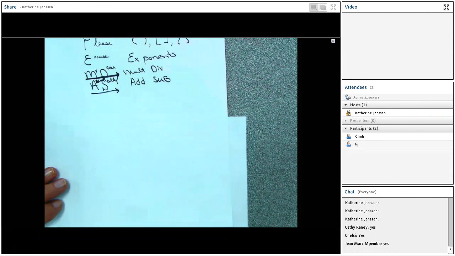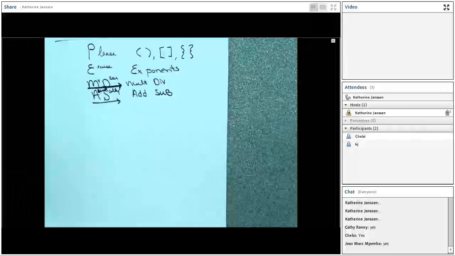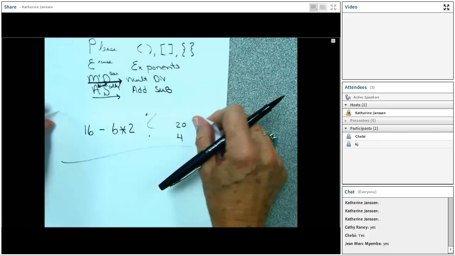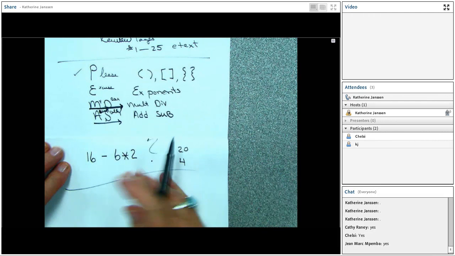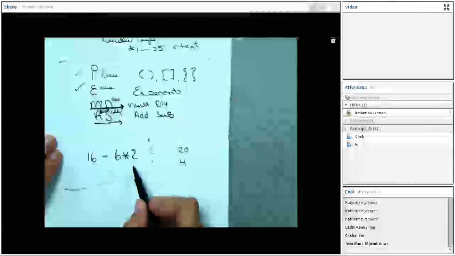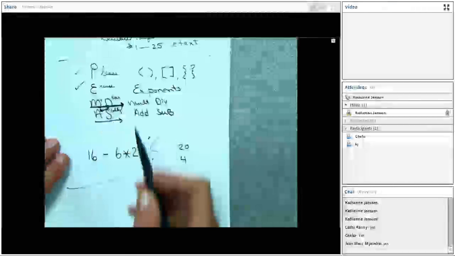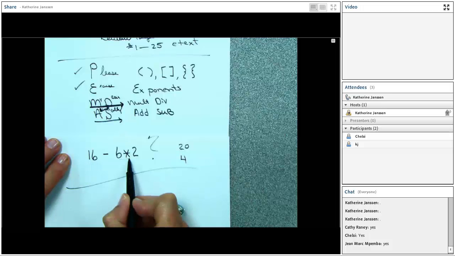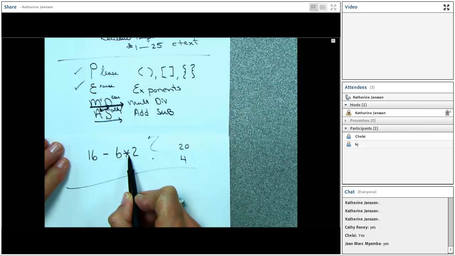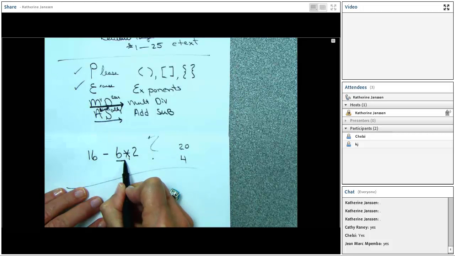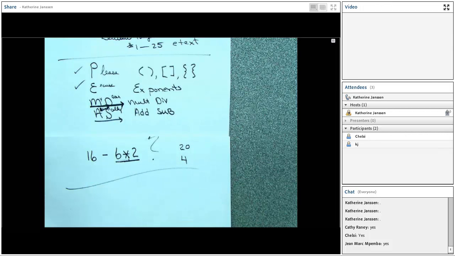So looking at our example, we have no parentheses, so I can scratch that off. There were no exponents in this expression. I had multiplication, so from left to right, there's multiplication. And I know that the operator operates on two operands: the operand before the operator and the operand after the operator.